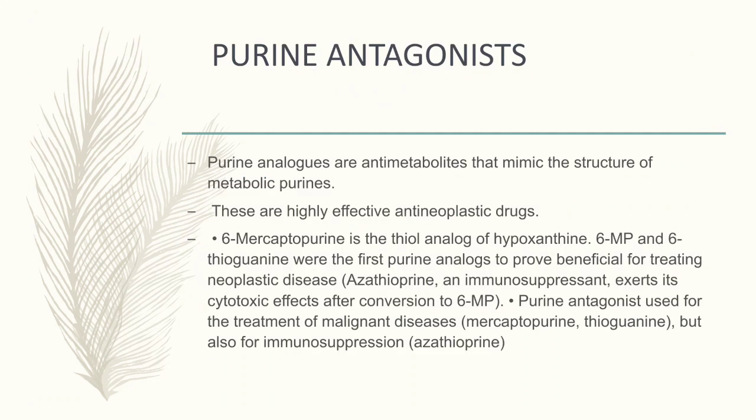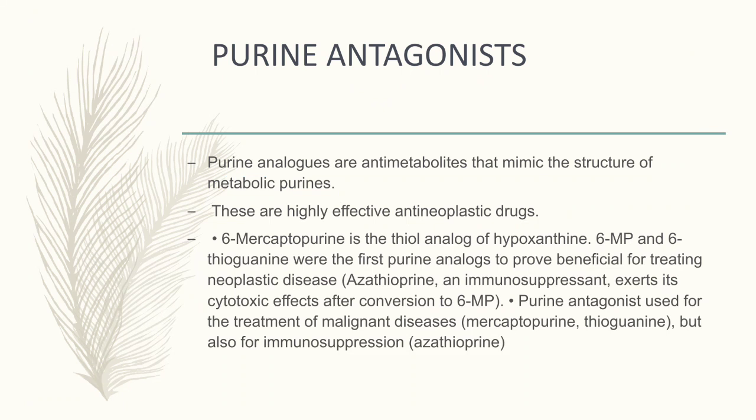Purine antagonists. Purine analogues are antimetabolites that mimic the structure of metabolic purines. These are highly effective anti-neoplastic drugs. 6-mercaptopurine is the thiol analog of hypoxanthine. 6-mercaptopurine and 6-thioguanine were the first purine analogues to prove beneficial for treating neoplastic diseases.